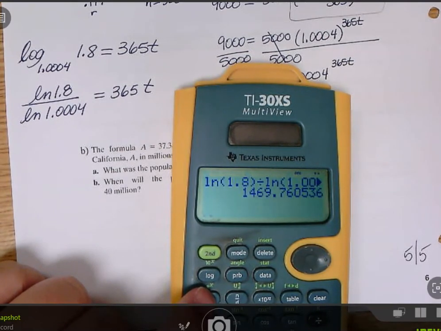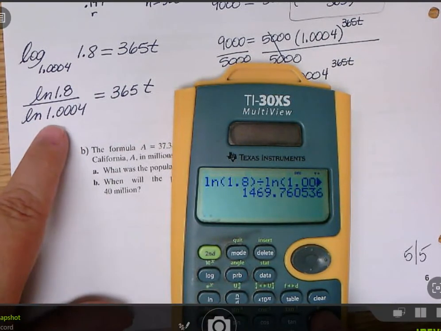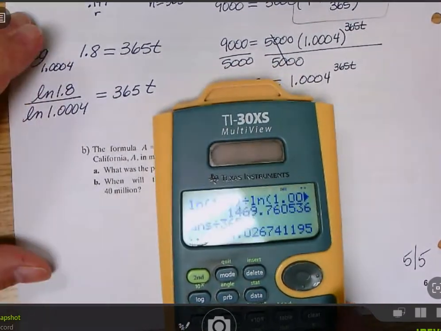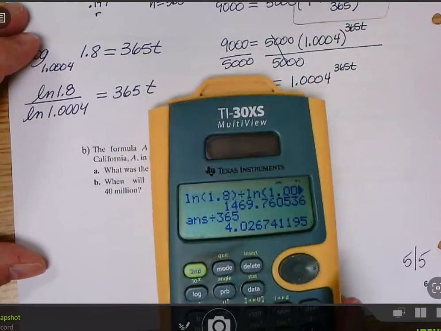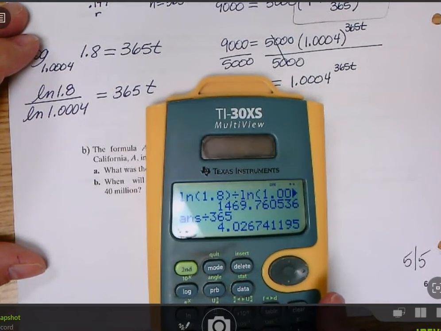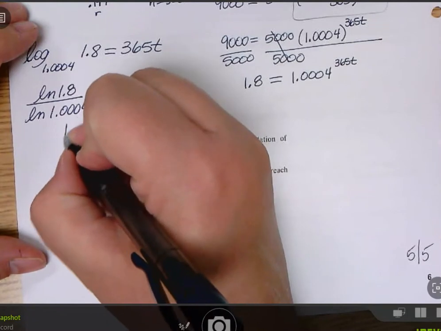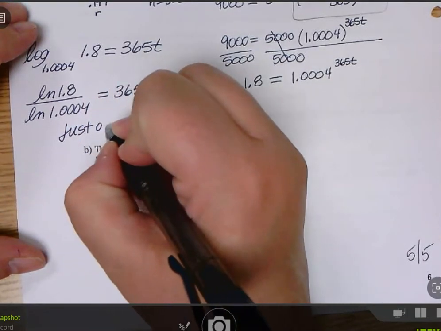That's what that gives me. Divide it. T isn't alone until I've divided both sides by 365. And now T is alone, and it says a little bit more than 4 years. 4.03 years. So just over 4 years, I think is what I'm going to say.